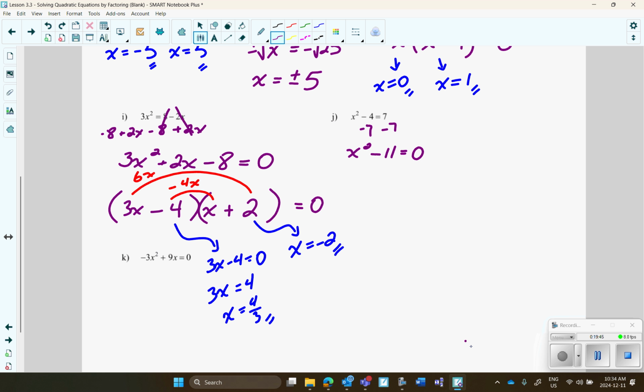Because this looks like a difference of squares, but this is not a perfect square, is it? So what was the first way I showed you guys how to solve? Get x squared by itself by moving the negative 11 over, and then take the positive and negative square roots.